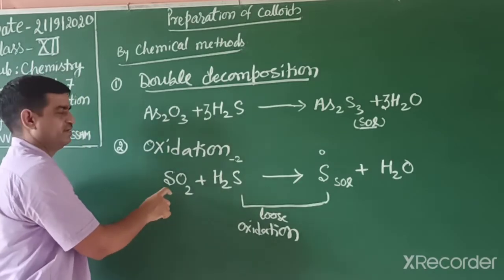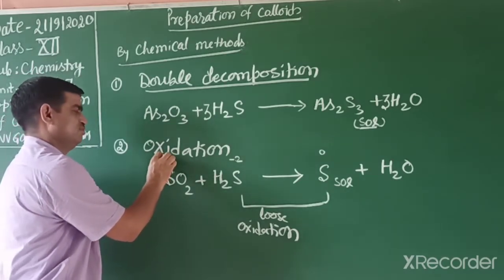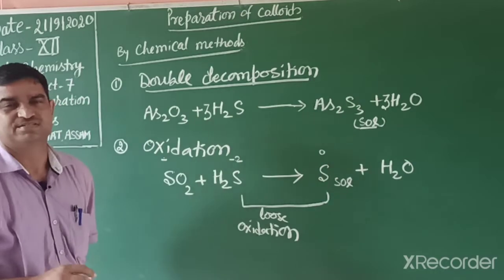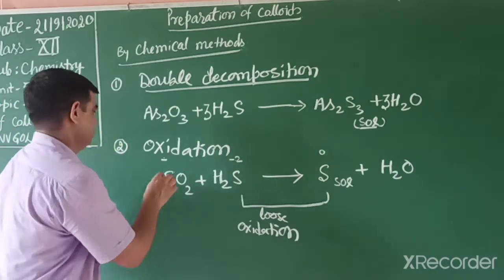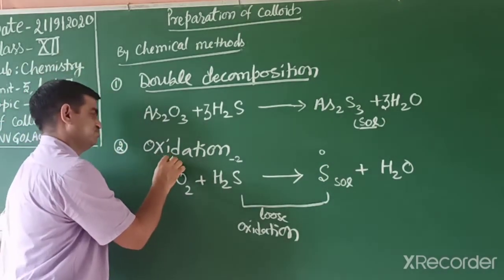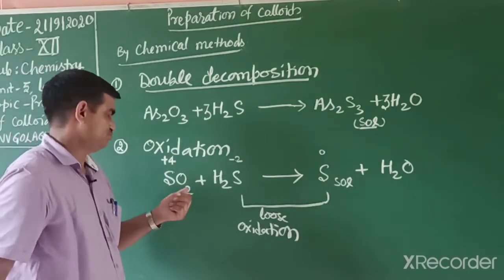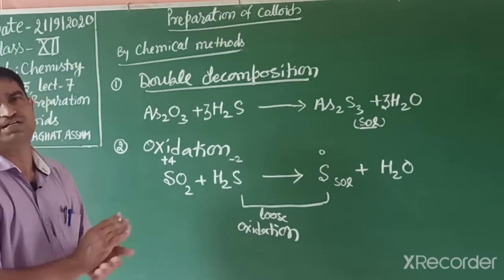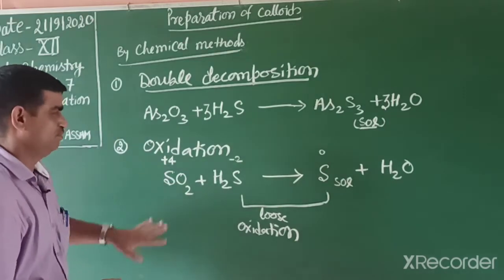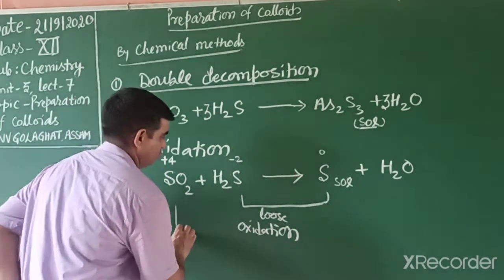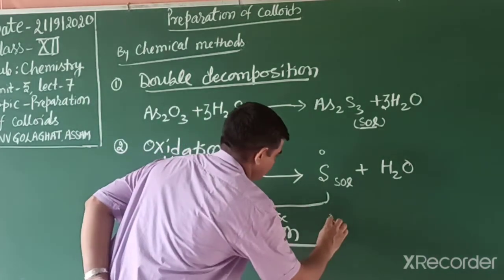But in sulfur dioxide, sulfur is +4. You know, in 11th class we already discussed how to find the oxidation number. How? If sulfur is x, then oxygen is -2, so two oxygens give -4, and x is +4. And this sulfur changes into elemental sulfur, so +4 changes into 0.